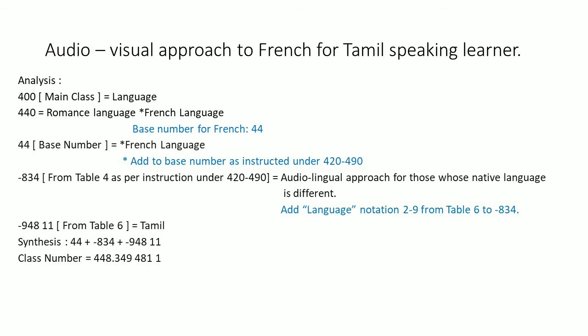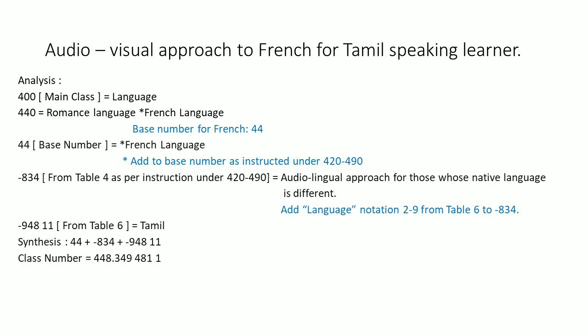That means we have to add the language notation from table 6 to the 834. After 834 we have to add the notation of the language, that is audio visual approach to French for Tamil speaker learner. For Tamil we will get the notation from table 6. Here I have written the notation of Tamil.